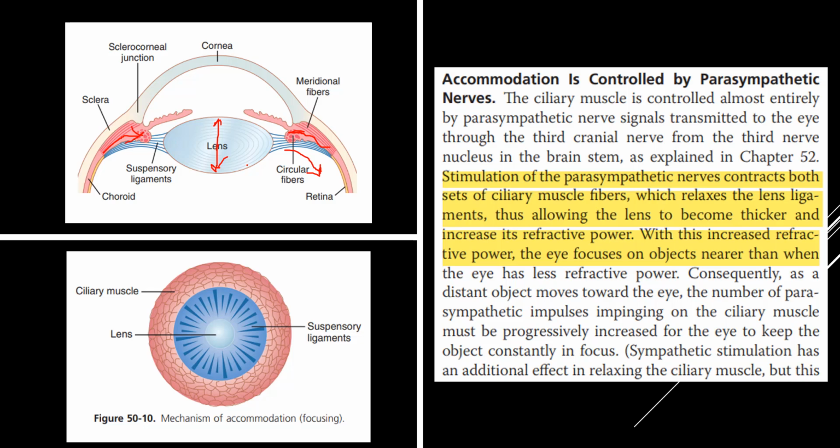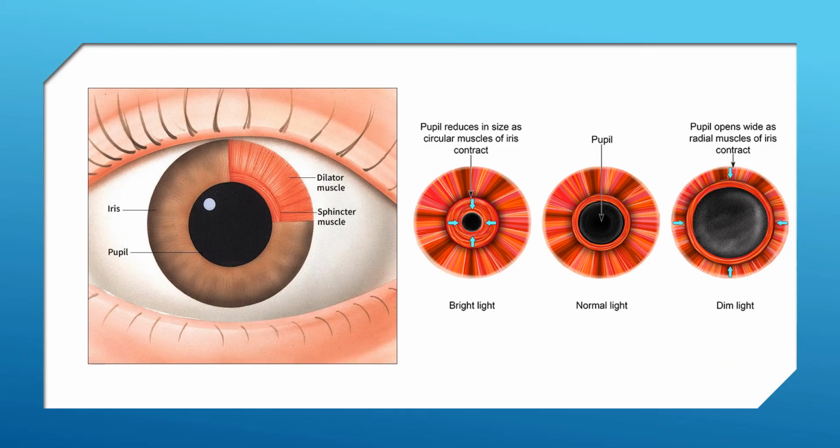Another reflex we have in our eye is the pupillary reflex. The pupil is this gap around the iris, which is like a gate or a window. You can imagine the pupil as a window which controls how much light is entering. Imagine today is a sunny day and a lot of light is entering your room. What will you do? Simply close the window. Exactly, that's what our eyes do.